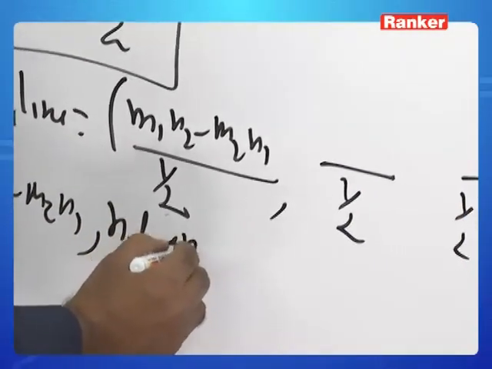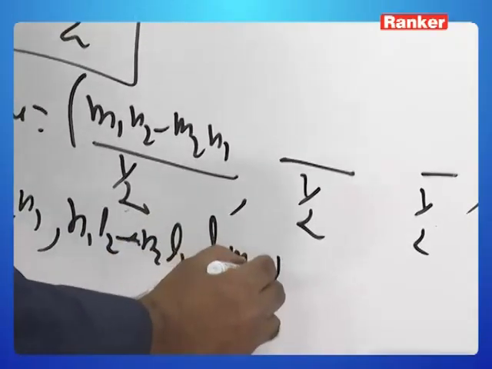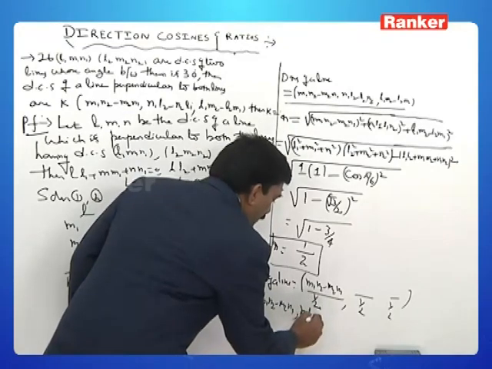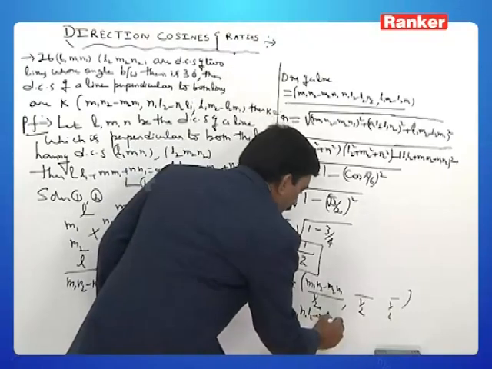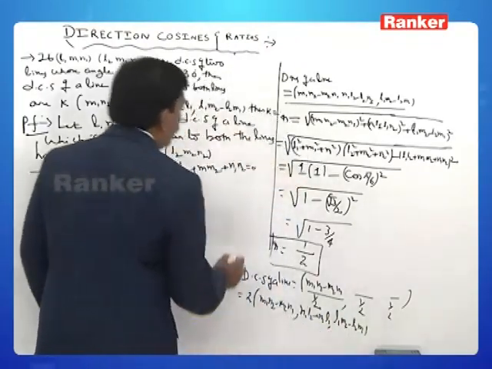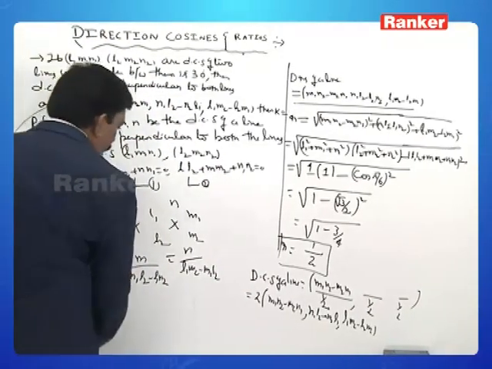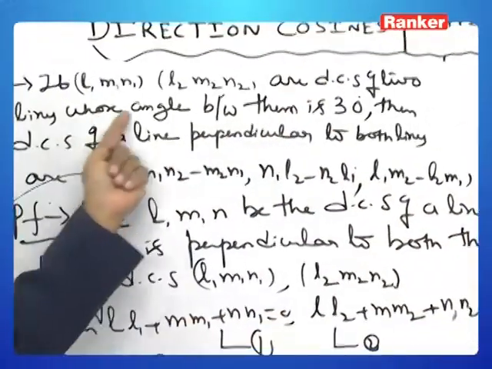This 2 comes up, therefore 2 into (m1 n2 minus m2 n1), next (n1 l2 minus n2 l1), next (l1 m2 minus l2 m1). If you compare, he wants k. Therefore k can be written like this.